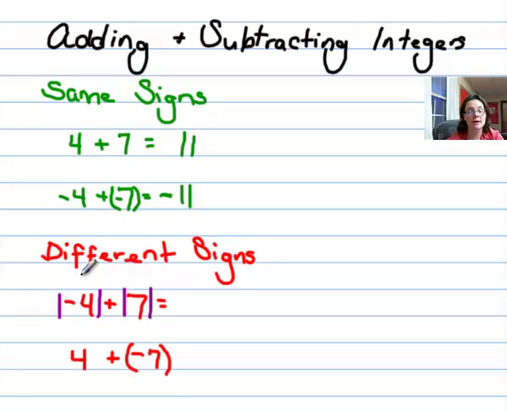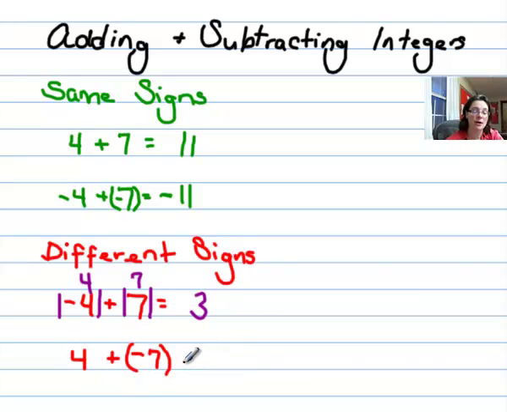So -4 becomes 4, and the 7 becomes 7. And now I simply find their difference. So 7 minus 4 equals 3. That's the first step. The second step is to double check which number is bigger. Since the 7 is bigger in this case, and since the 7 was a positive integer, the answer will be a positive integer.